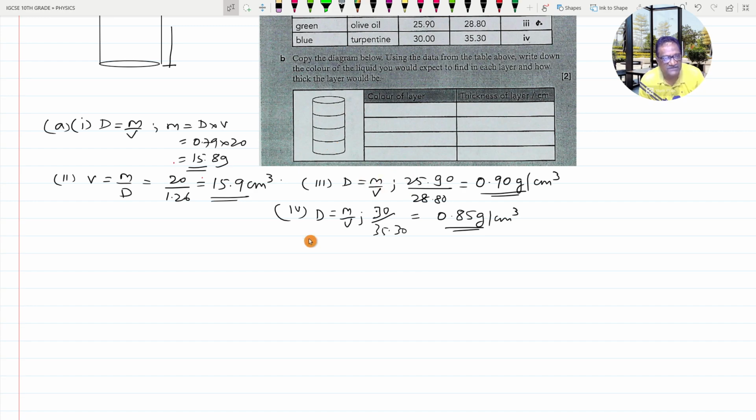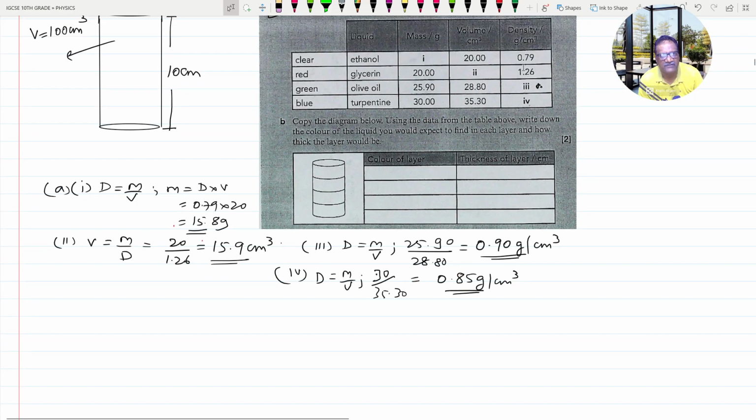First you will have to check the density of all the four liquids. Red has a density of 1.26, and that is glycerin, which is red in color.